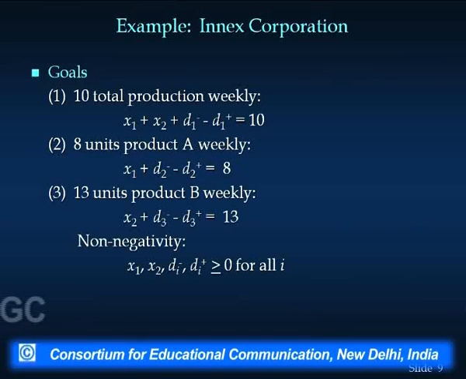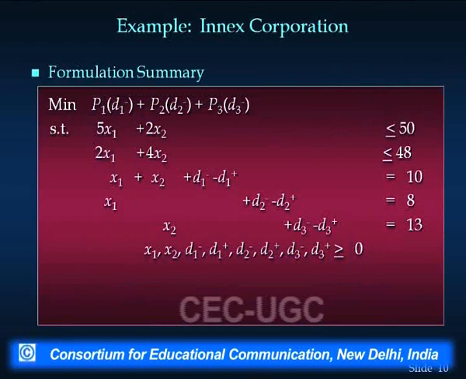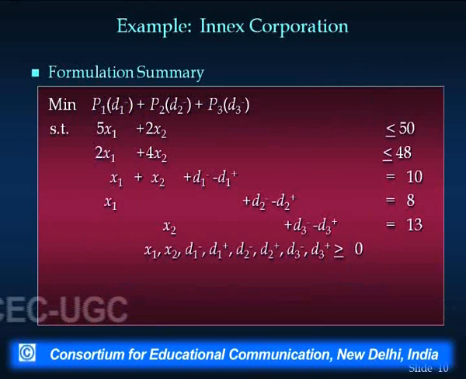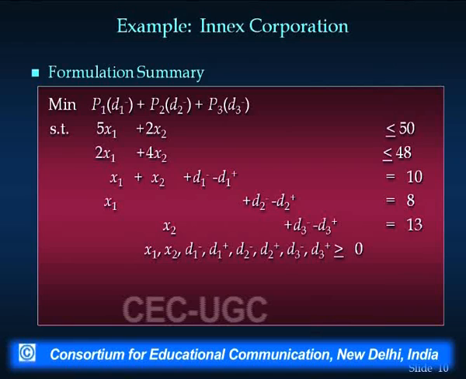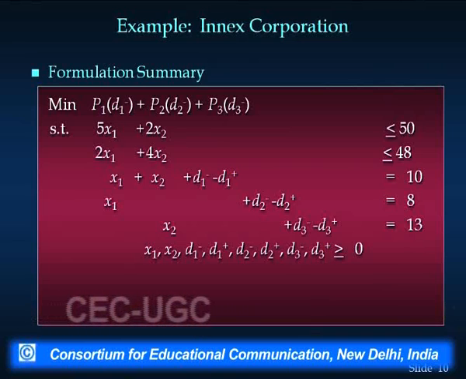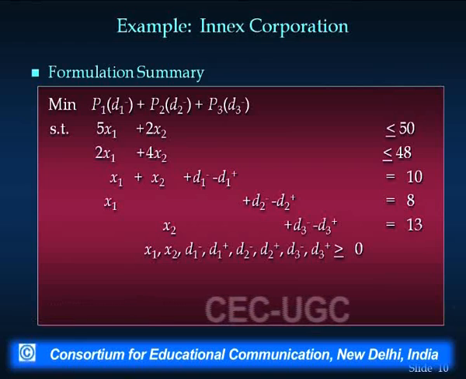This is our goal, and this is the goal programming formulation. Now let us see how we have formulated it. As I have already explained, the objective function is minimize P1 D1 minus plus P2 D2 minus plus P3 D3 minus. And now our functional constraints will be taken into account.